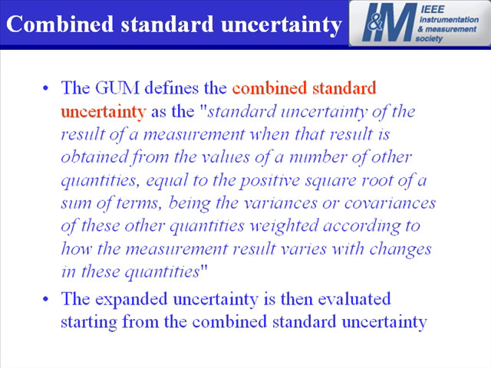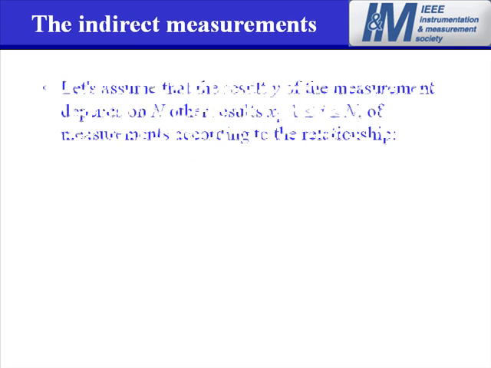Well, I'm almost sure that this is absolutely not clear to you, as any definition based on a mathematical relationship is not clear when we try to express it in words instead of expressing it with suitable mathematical symbols and equations. So let's try to better understand what the GUM wants to define just by putting these words in symbols and equations.